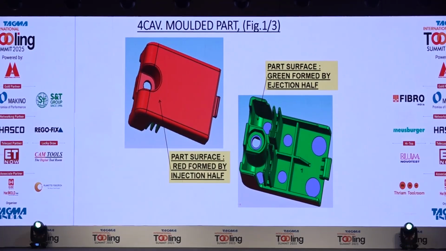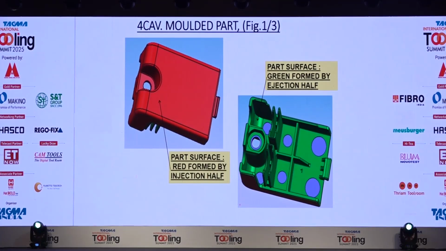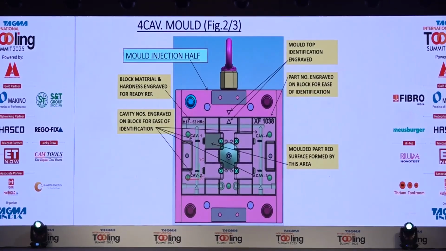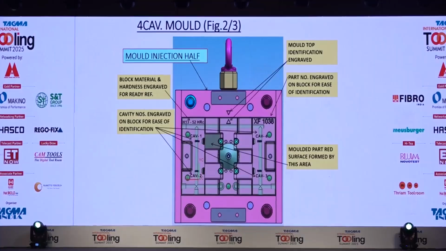Now here I have taken one example of a mold, where the part with red color is the outer surface and green is the inner surface. When you see the face of the mold, there is a mark which shows the identification for orienting the core or the cavity block into the mold housing.